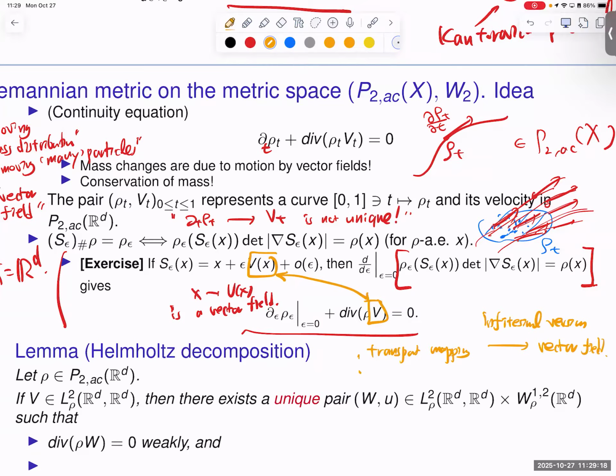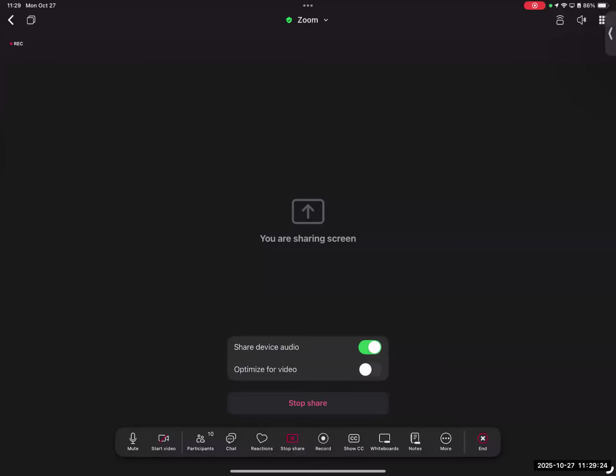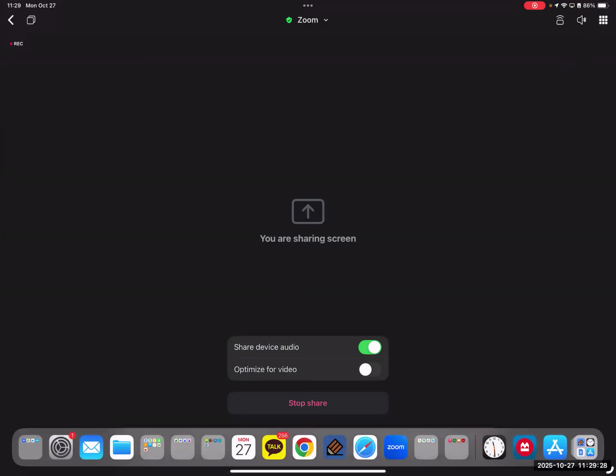Then if you consider the transport condition, that is a continuity equation.